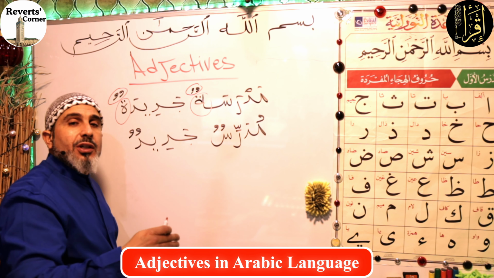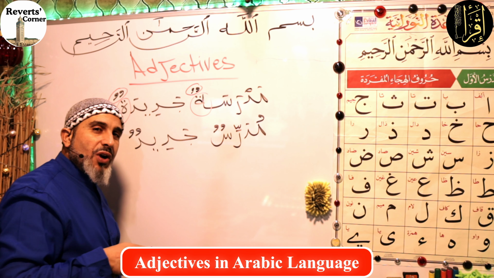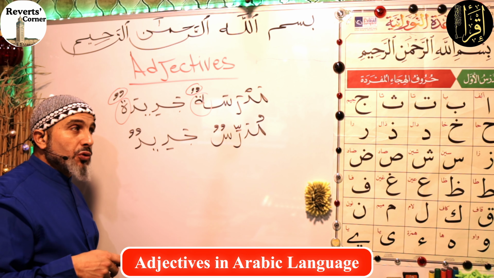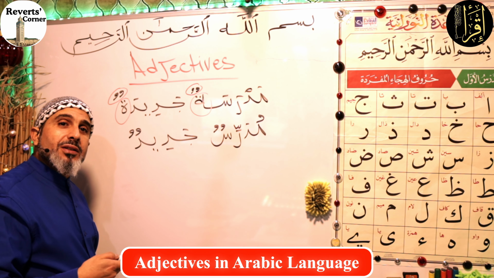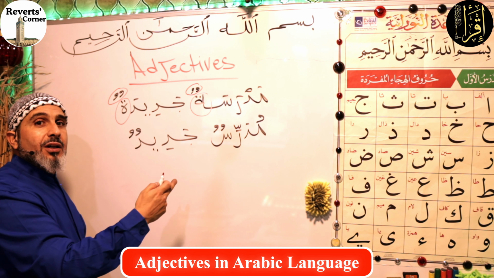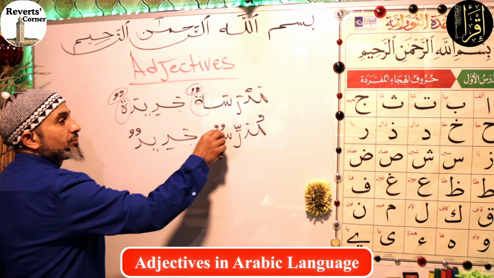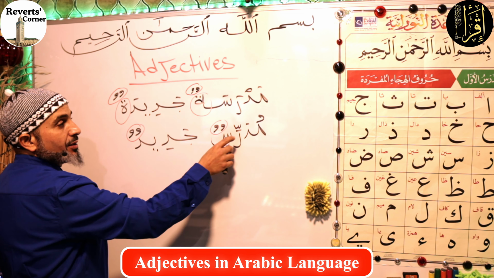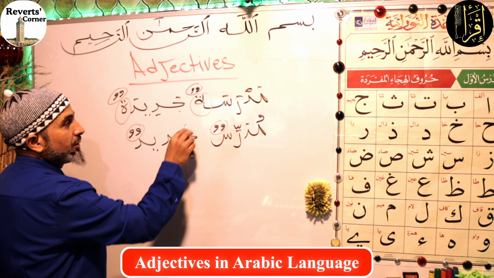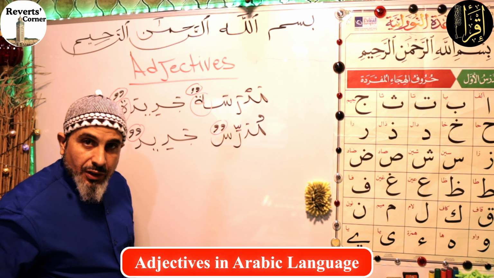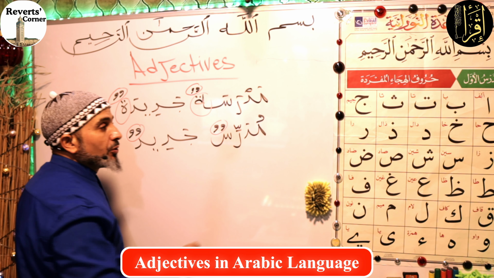Mudarrisun is the one that is being described, the mawsuf. Jadid is the sifa, the adjective. All right? And it is masculine because we don't have the ta marbota like here. Talibun jadidun.